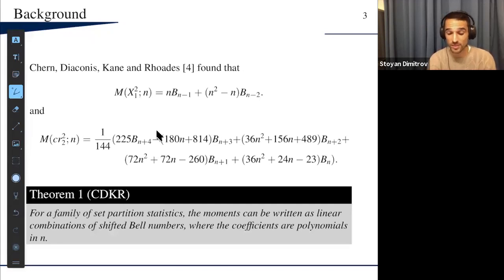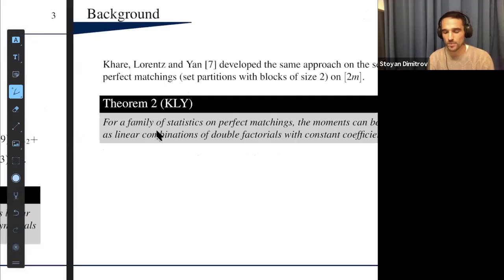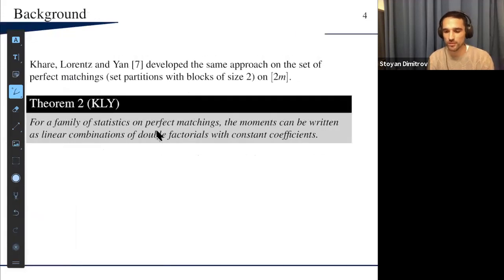This family of set partition statistics, roughly speaking, is the family of those statistics that can be written as linear combinations of patterns in set partitions. I will not define patterns in set partitions, but that is the intuition. Then the same approach was developed for perfect matchings, which are just a subset of the set partitions, and a similar result holds in this case.